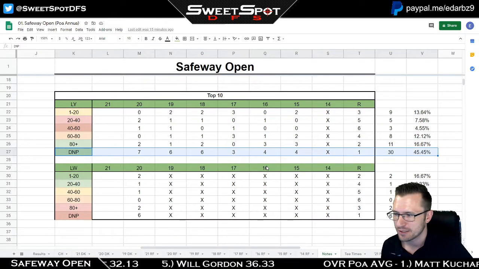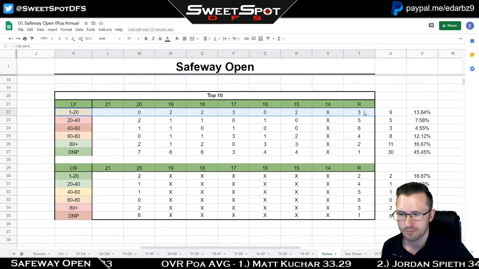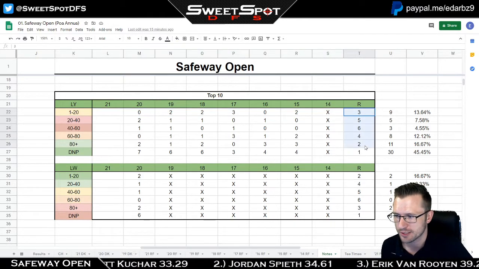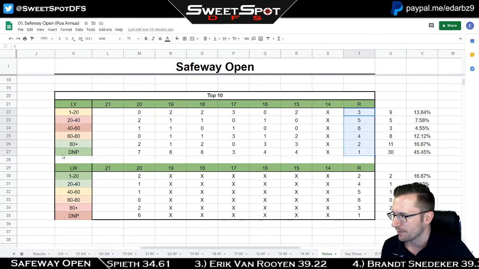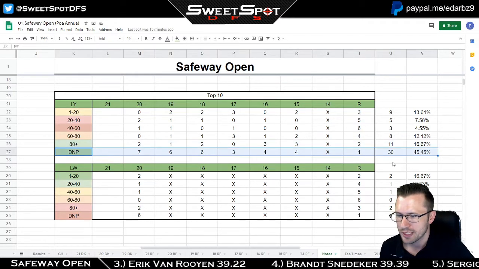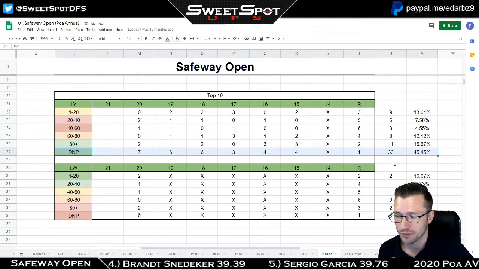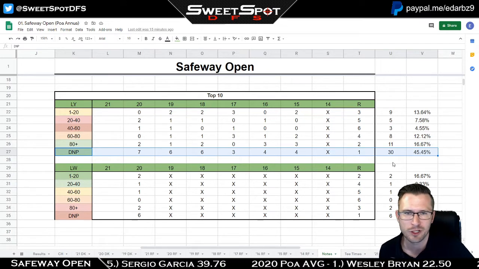So I assign the ranked number that the golfers fall under, whatever their finishing position was last year. If it finished in any of these ranges, this is the number I provide them. So basically what we're looking at here, golfers who did not play last year have a slight advantage, almost by 3 times to finish inside the top 10. Now that doesn't apply to every golfer who did not play.